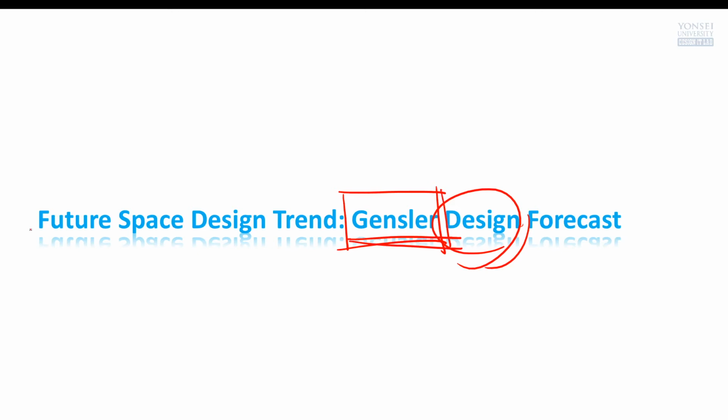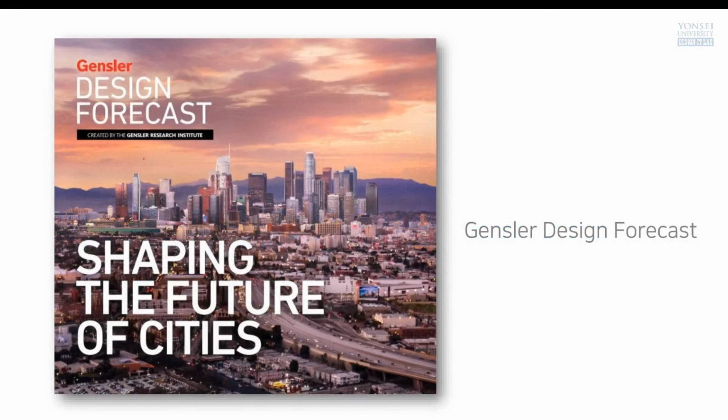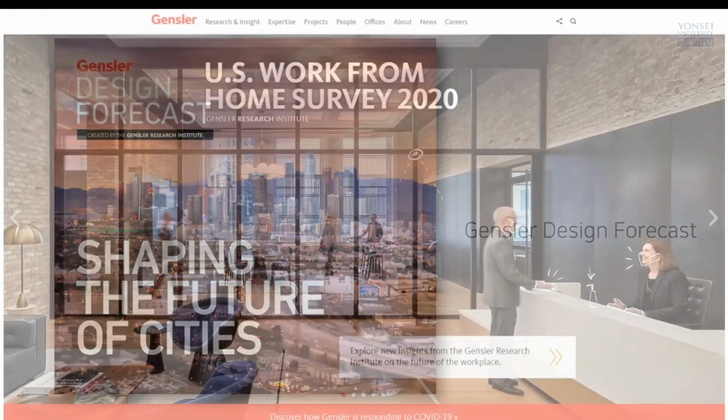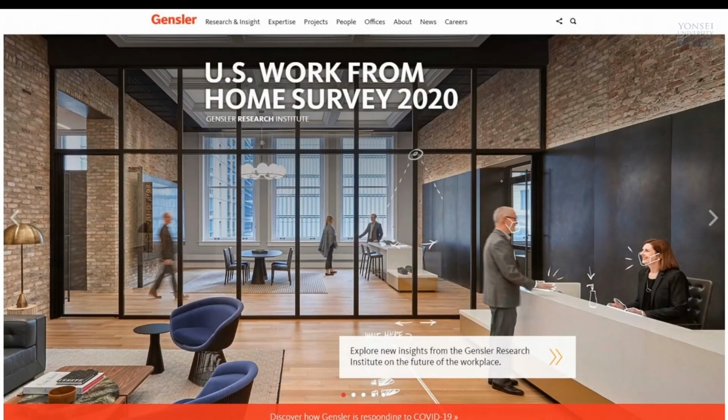So Gensler published the Gensler Design Forecast. You can download this PDF. This is the latest version, shaping the future of cities. And this is the Gensler website.